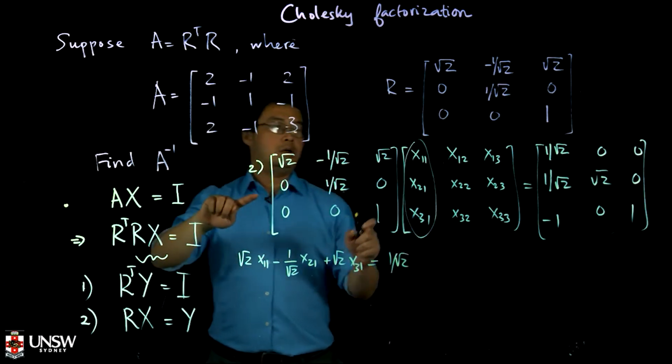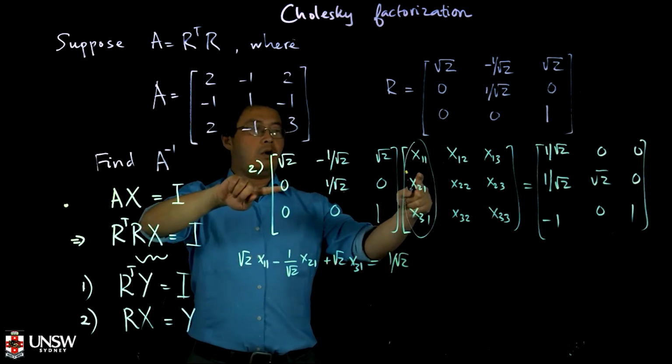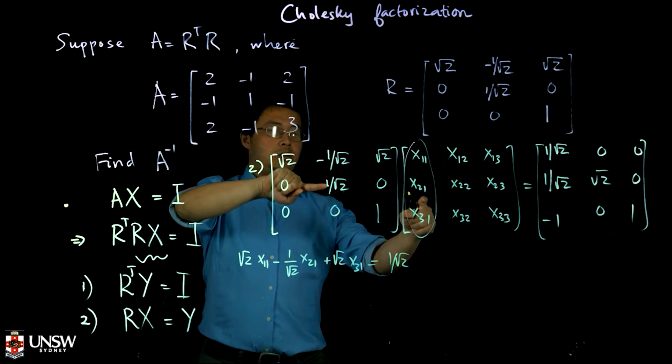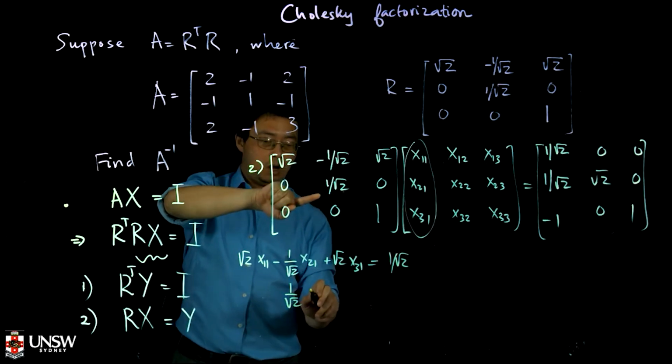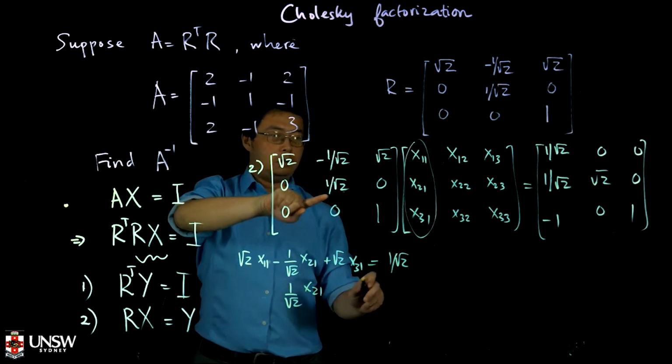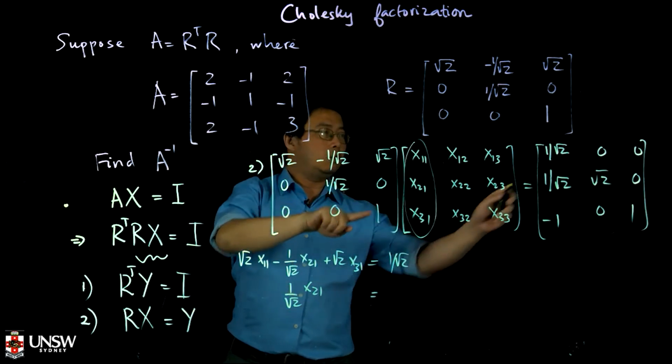Then the second row: 0, then 1 over root 2 times X21 plus 0 equals 1 over root 2.